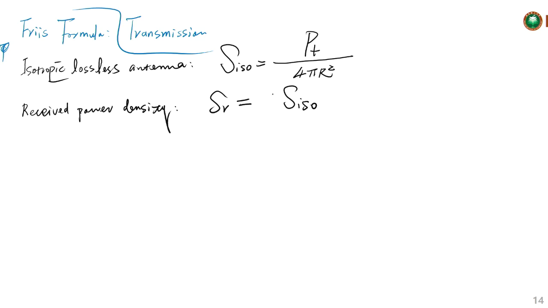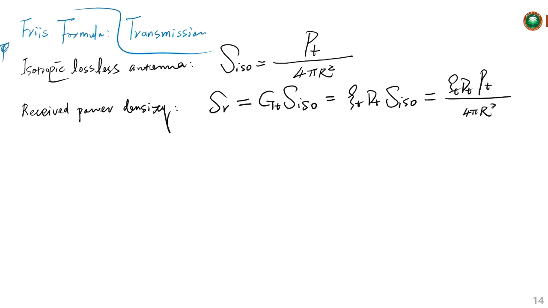Isotropic actually has antenna gain, so it can be expressed by this equation: the directivity times the isotropic power density, psi t Dt Pt divided by 4 pi r squared. So this is the expression on the transmitter side and the receiver power here.